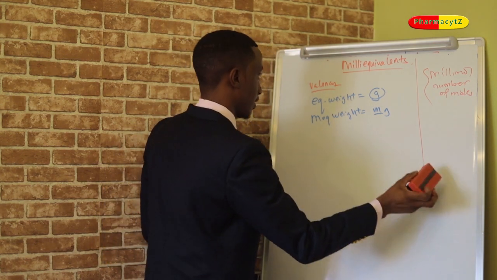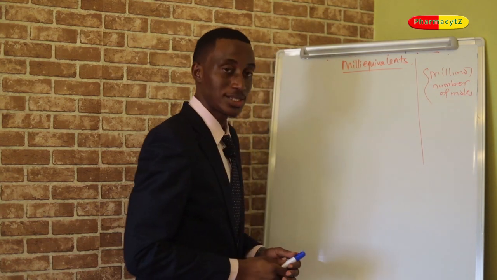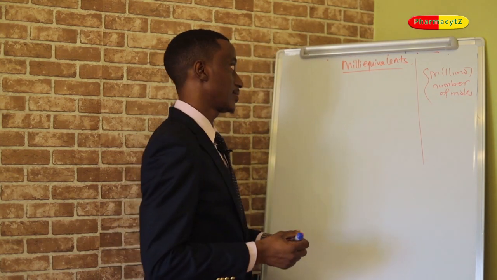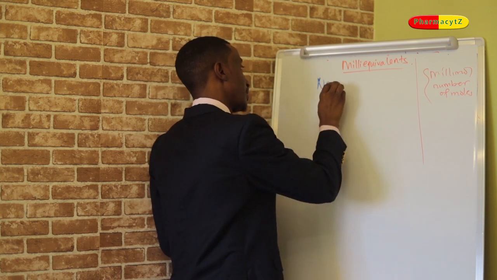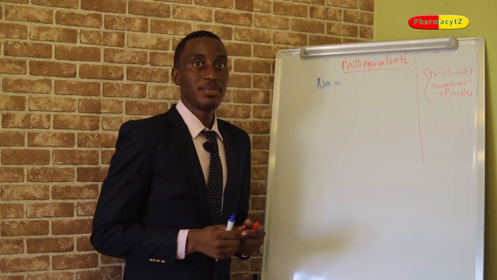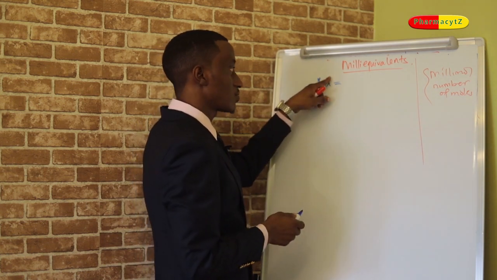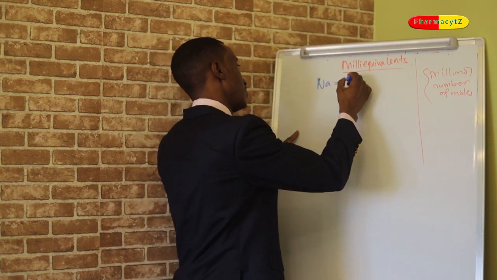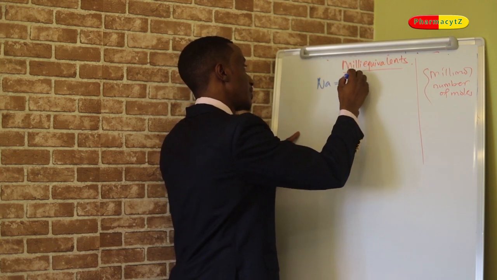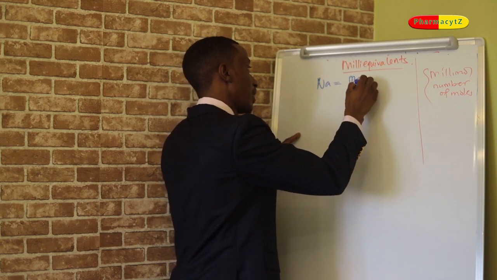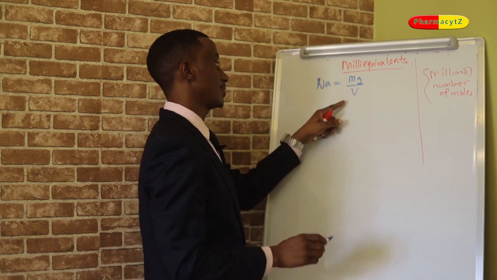Now, let's check this. If we were to look at the milliequivalents of sodium, then the milliequivalent should take note of the valence of sodium. Sodium has a valence of 1, so the milliequivalent weight is equal to the equivalent weight in milligrams divided by its valence.